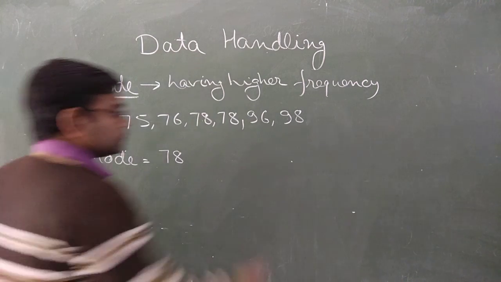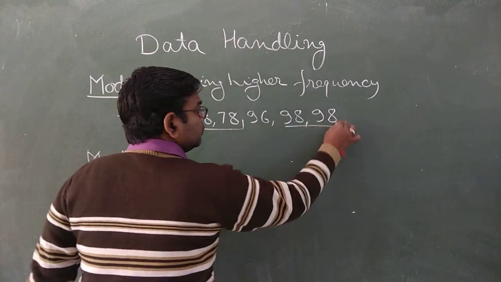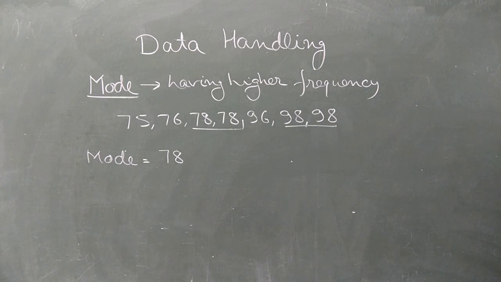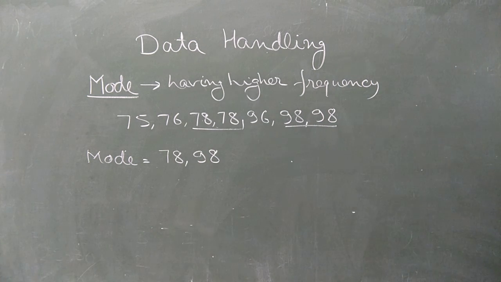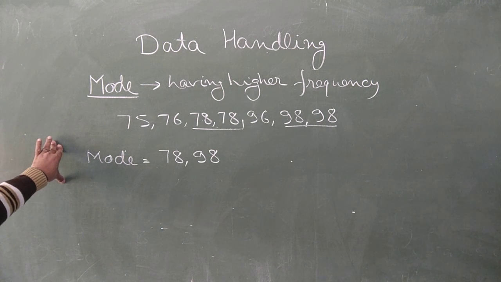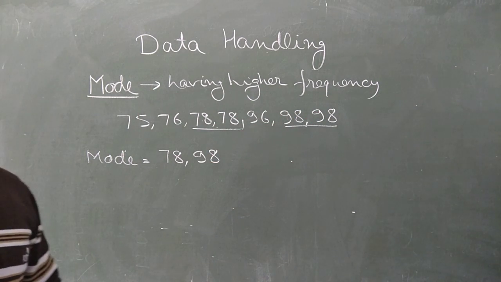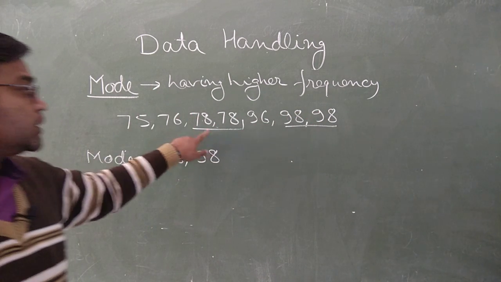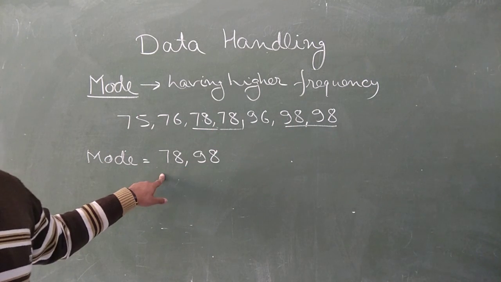Suppose we have two outputs having the same frequency, then these two outputs are considered as the mode of the given data. It's clear? And if there is no data having frequency more than 1, then there is no mode. But if we have frequency more than 1, then the data having the higher frequency is known as the mode of the given set of data. In this case we have two data having the same frequency, so these two are considered as the mode.